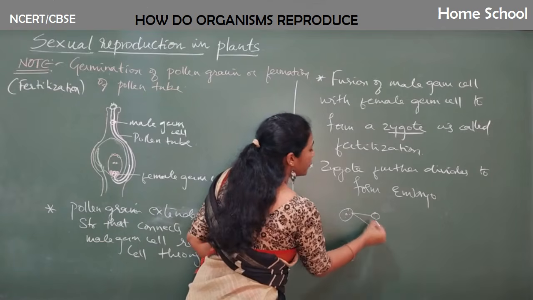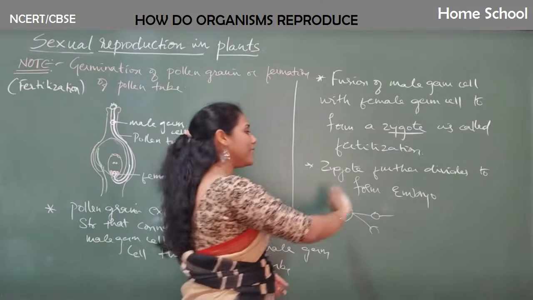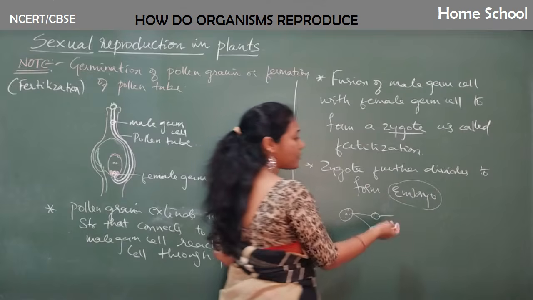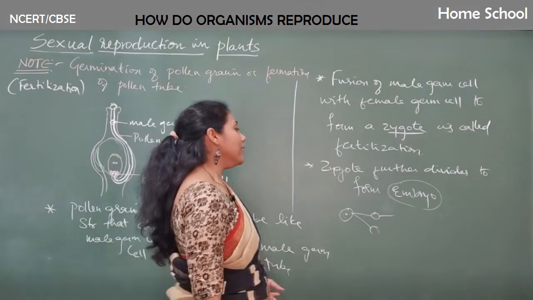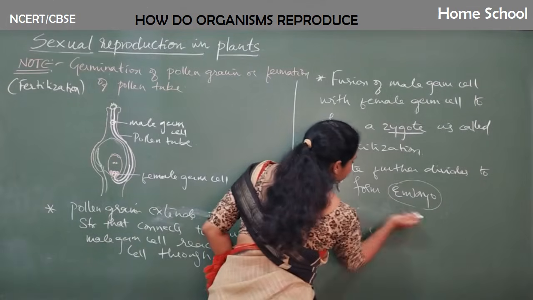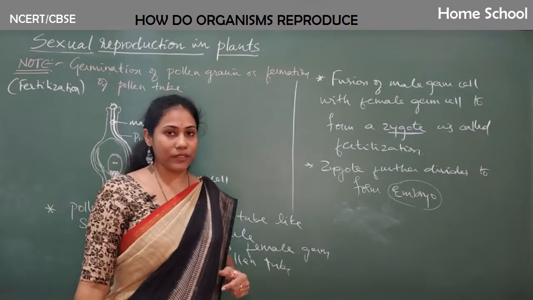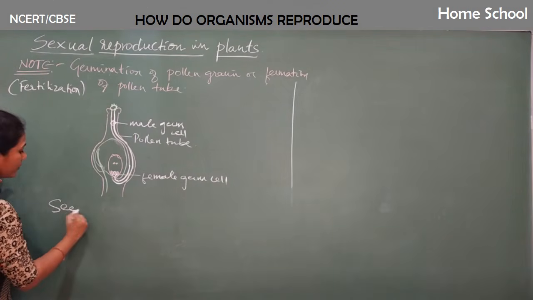One cell divides into two cells, again divides into four cells, like that. Multiplication of cells happens initially, and that group of cells together we call an embryo. Later, let us see that in seed formation. Let us see the third step, that is seed formation.